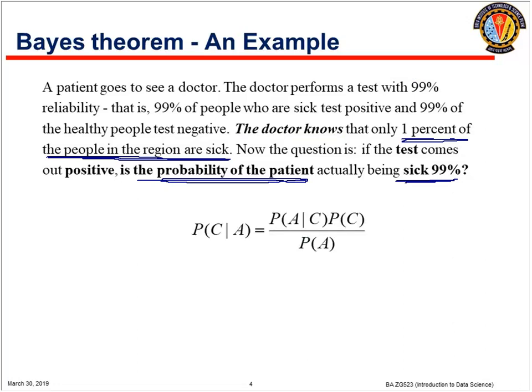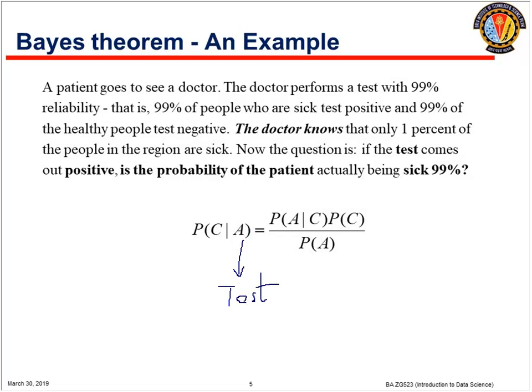So the Bayes theorem looks like this. Given that the outcome of the test is positive, A is the event that the test is positive.